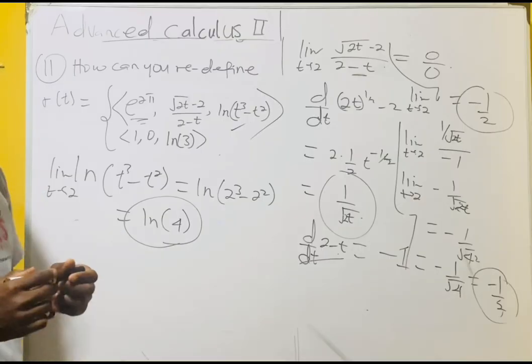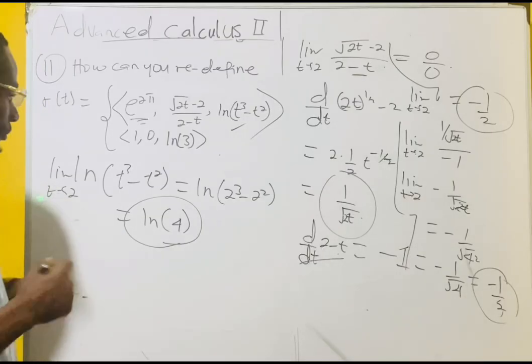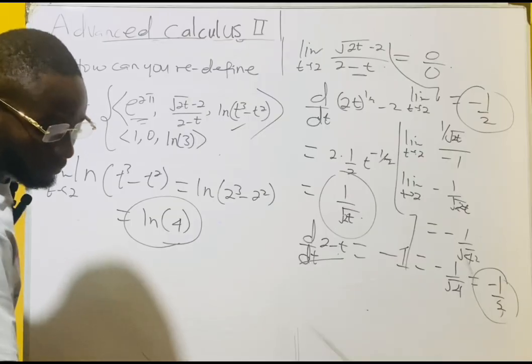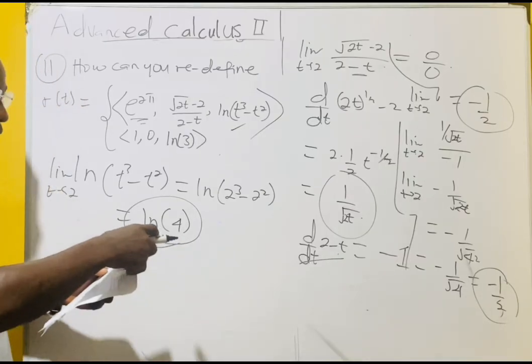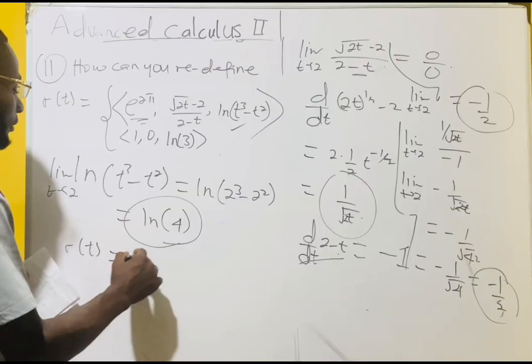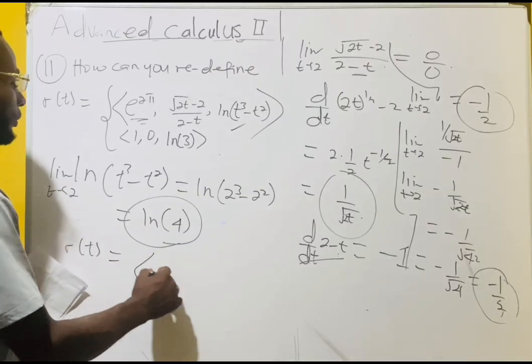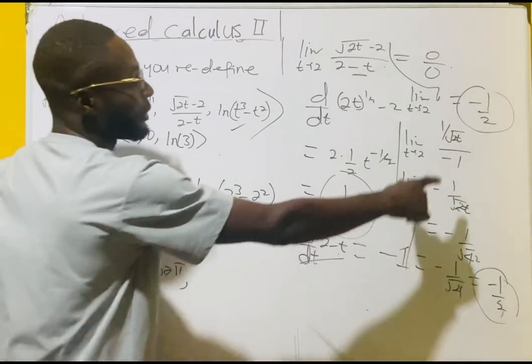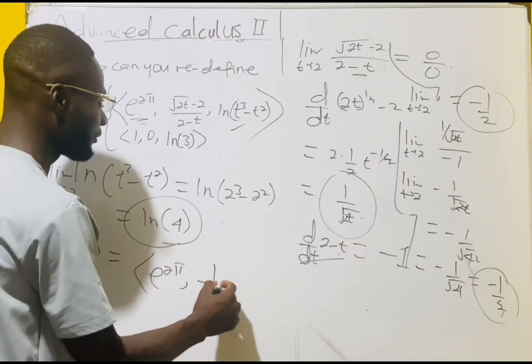So this is how we are going to redefine the function. The first part is going to remain the same, so we're going to have e to the 2t. The second part we had minus half.